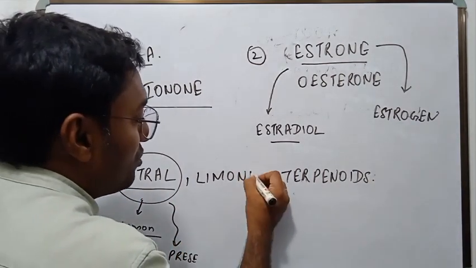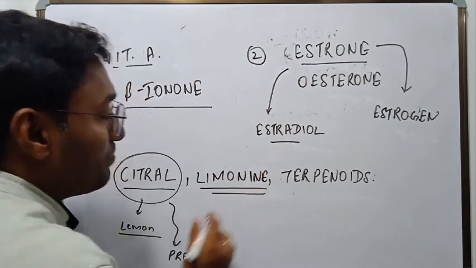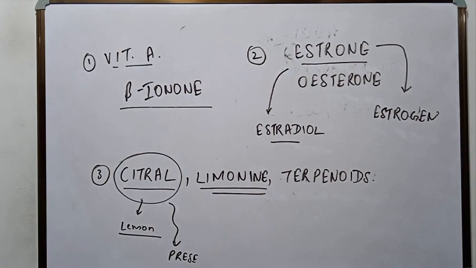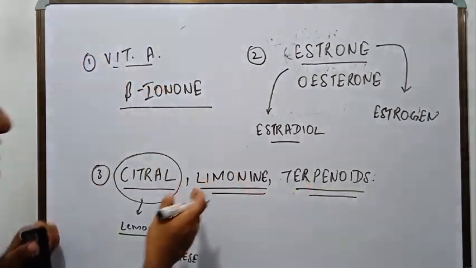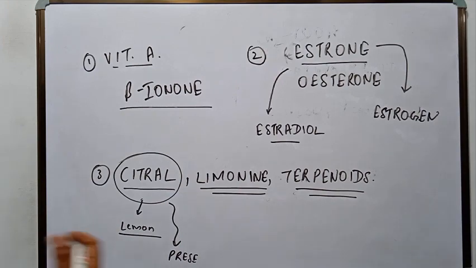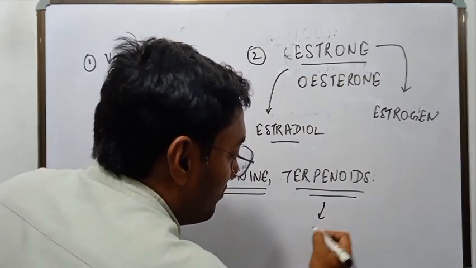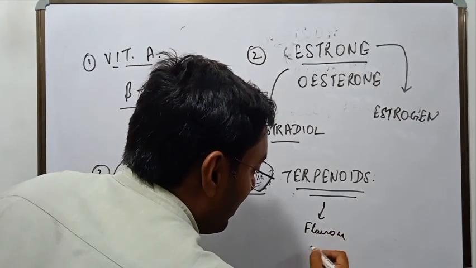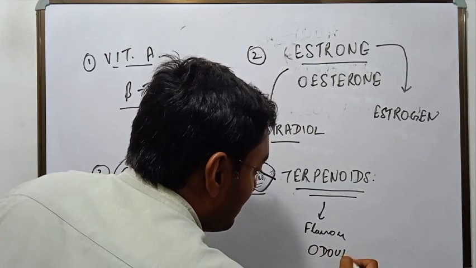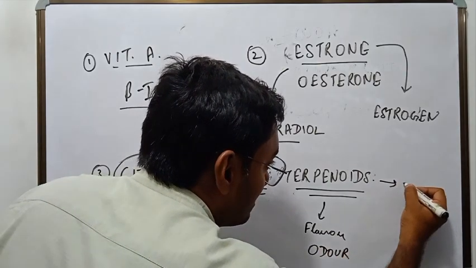Limonene also is a terpenoid. It is also used in perfumery in giving flavors. You can make any other terpenoids using the Reformatsky reaction. Terpenoids are known for flavor and odor. Some of the terpenoids are also useful as pharmaceutical agents, for example curcumin.